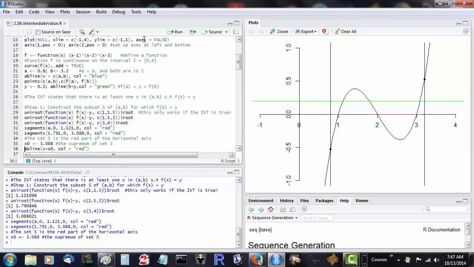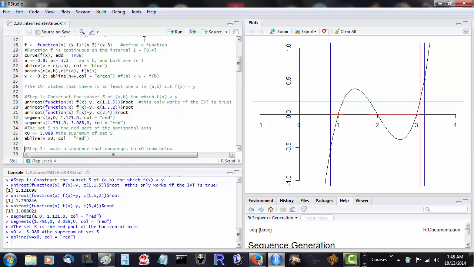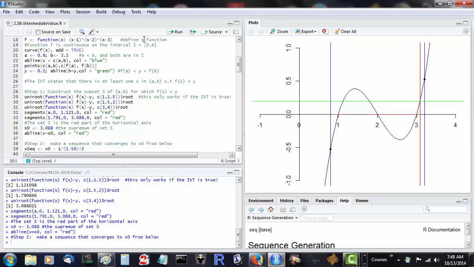The supremum of this set S is at 3.088. Now, we're using Ross's every-sequence-is-good definition of continuity, so I will make a sequence in the domain that converges to x0 from below.